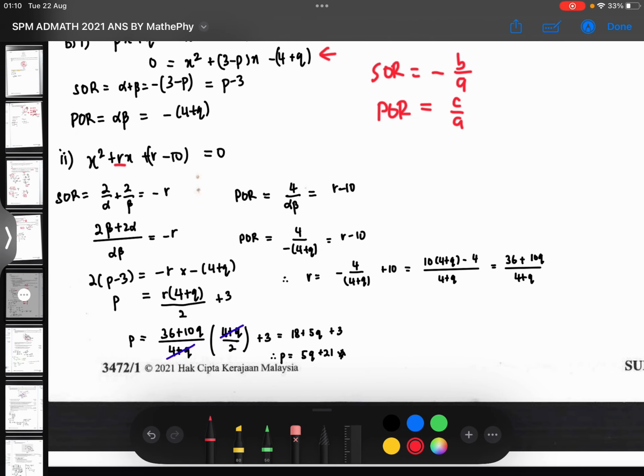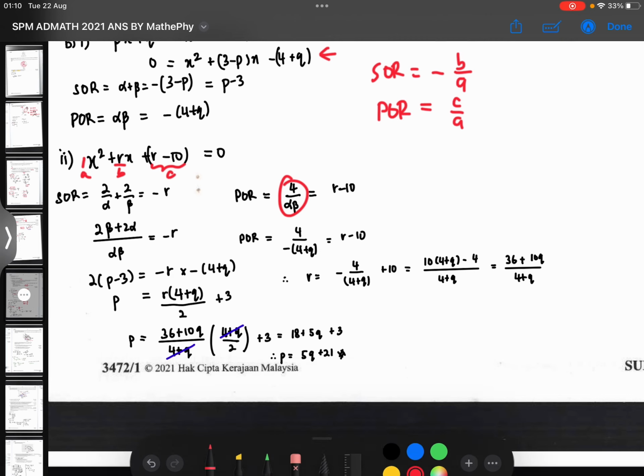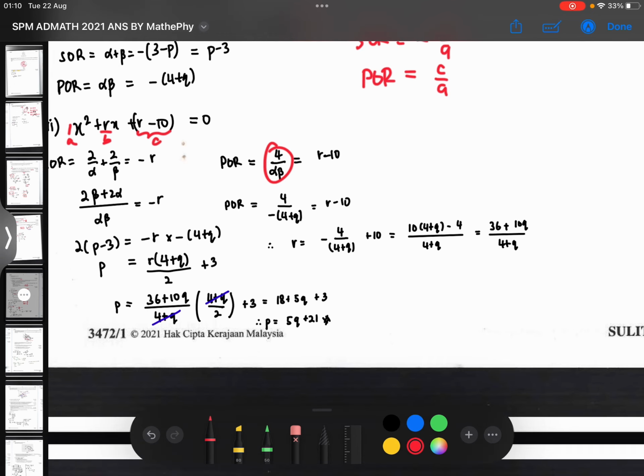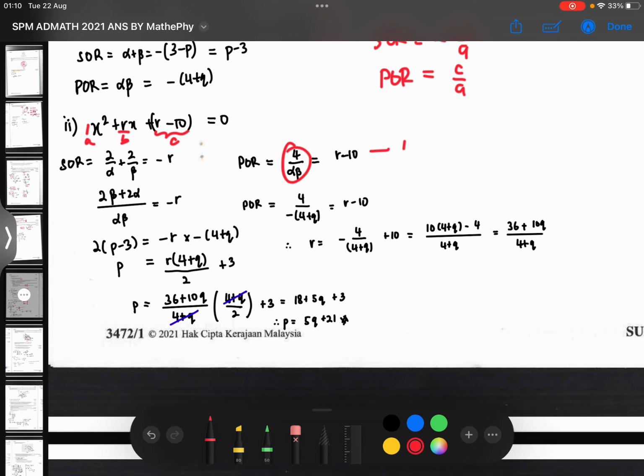You just multiply 2 over alpha times 2 over beta, so you get 4 over alpha beta. And POR is c over a. So c here is this, this is b, this is a, and a is the coefficient 1. So you got r minus 10. So you get the first equation. Okay, and then the second equation.